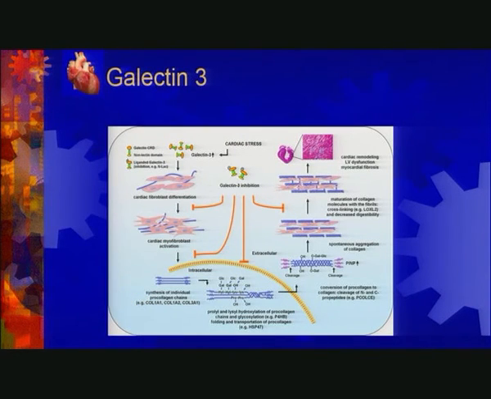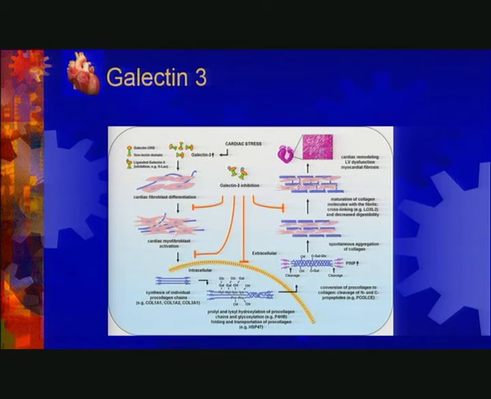So what does galectin-3 do? Actually, it binds to quiescent fibroblasts, and this changes the fibroblasts into myofibroblasts, which are present in the interstitium in the heart. This will activate the myofibroblasts to secrete collagen fibers, and this will increase fibrosis.